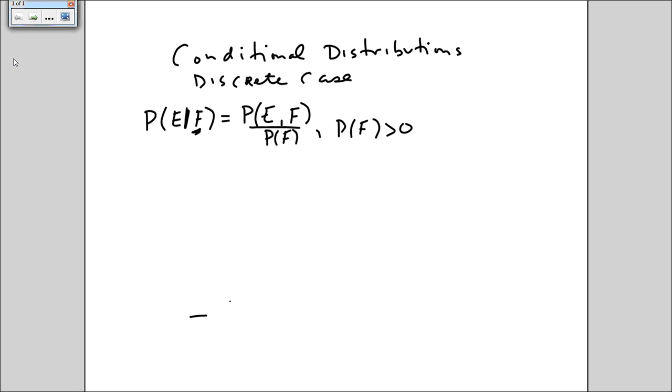Keep in mind there are three types of numbers: negative numbers, 0, and positive numbers. Probabilities are never negative, and if you don't want something to be 0, then you want it to be positive. So P of F needs to be positive for that conditional probability to make sense, or to use this formula.